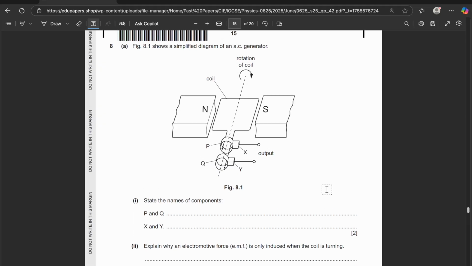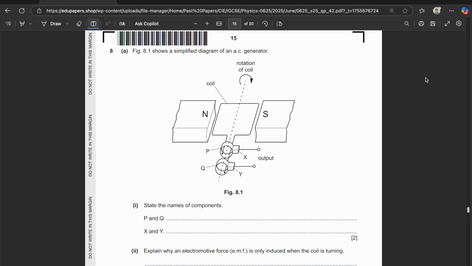Figure 8.1 shows a simplified diagram of an AC generator. 1. State the names of components. P and Q, they are slip rings. X and Y, they're carbon brushes.